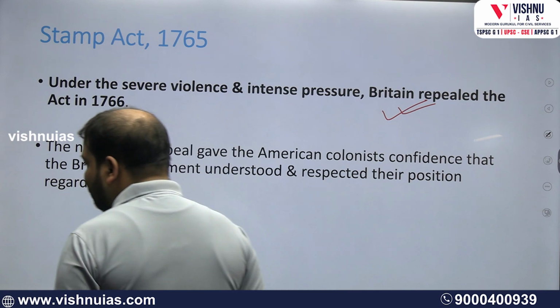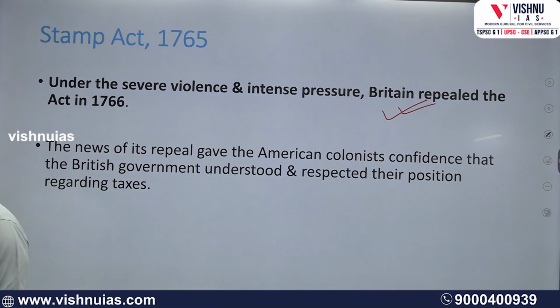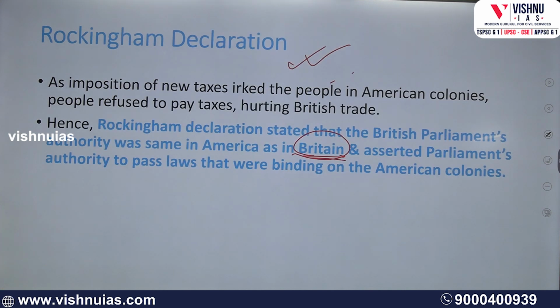Stamp Act 1765. And the last topic that we have done is which declaration? Rockingham Declaration. Just write this second line, you have to remember. In simple words, they are saying we can make any law on America just like we make any law for Britain. British Parliament is supreme.